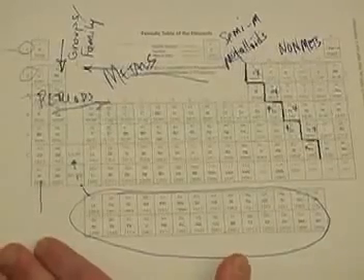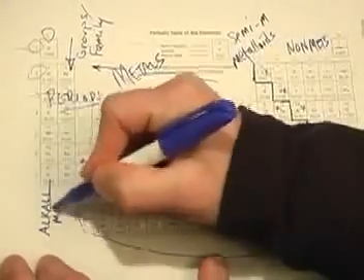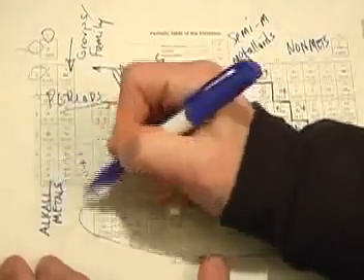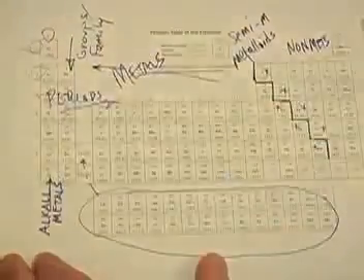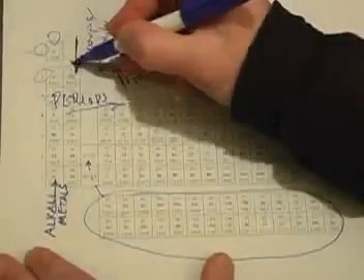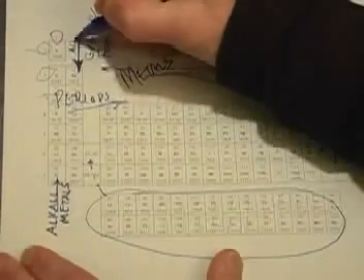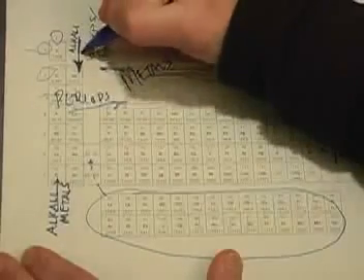Now there are five groups or families you need to know the names of. These guys, sometimes known as group 1, are the alkali metals. If you have a periodic table handy, I recommend that you write these things on the periodic table. If not, add them to a periodic table when you get one in class next. This group right here, the second group, is called the alkali earth metals.